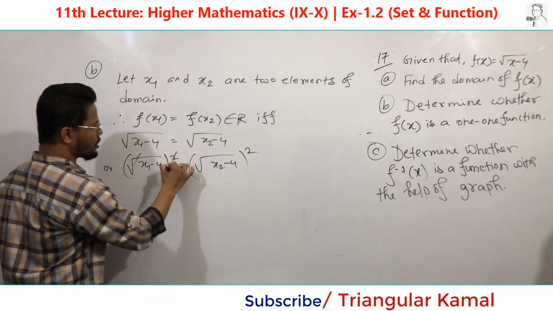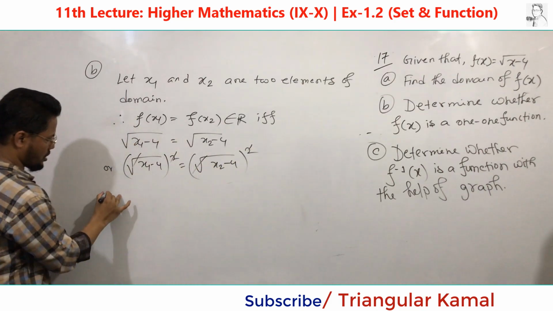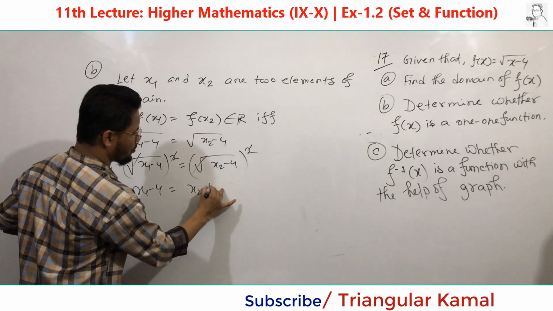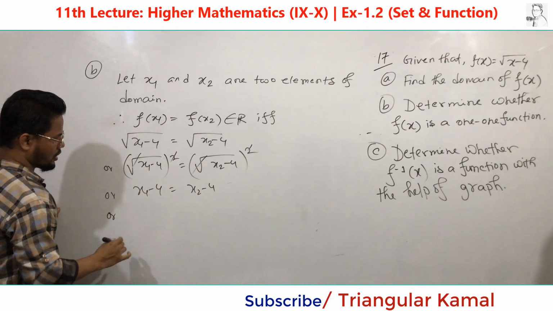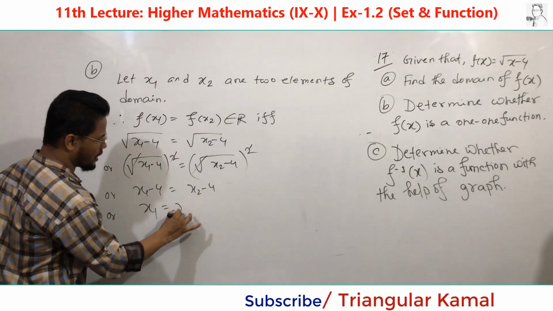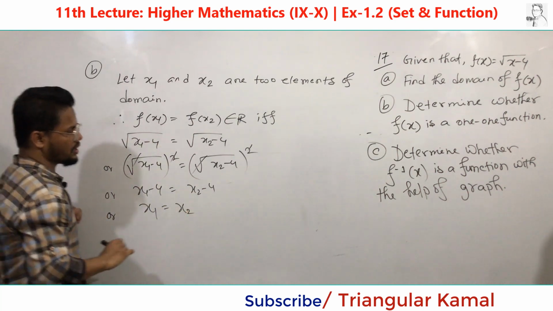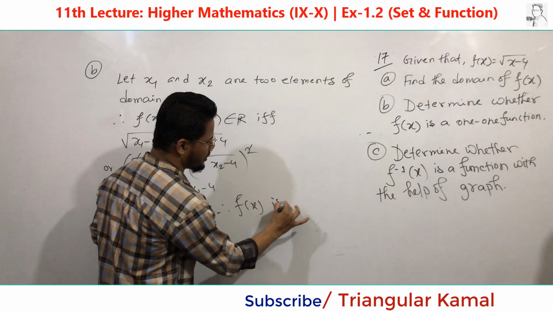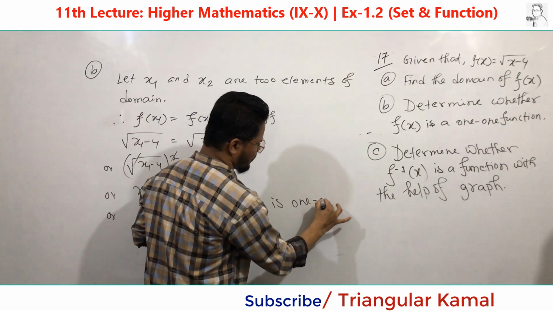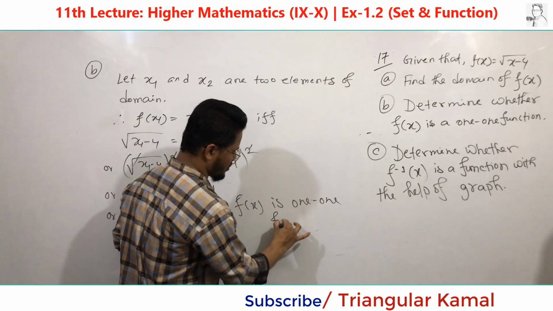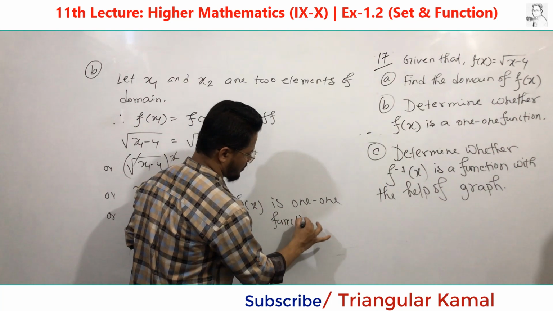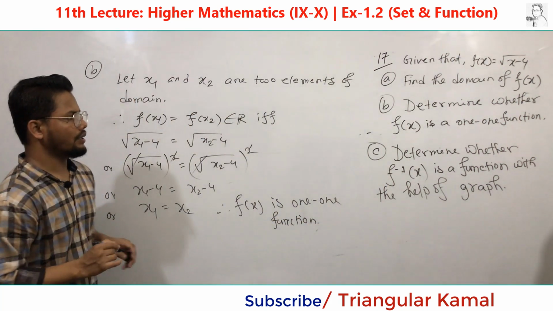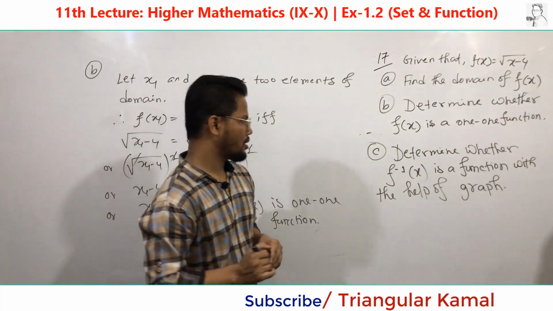Now eliminating both the square and root, you will get x1 minus 4 equals x2 minus 4. Doing simple calculation, you will get x1 equals x2, which indicates f of x is one-one function, and this is shown.